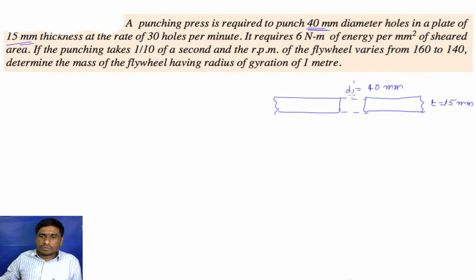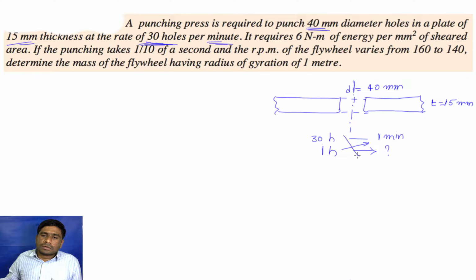This is the center, for example, at the rate of 30 holes per minute. So it's making 30 holes per minute. That means if 30 holes are made in a minute, how much time is each hole taking? This is simple multiplication.